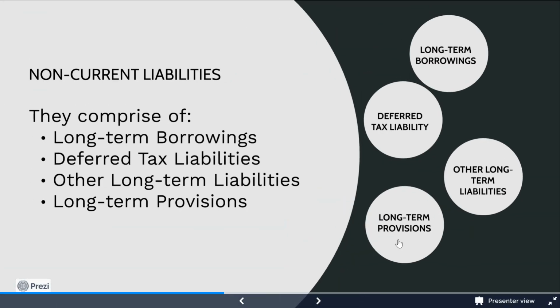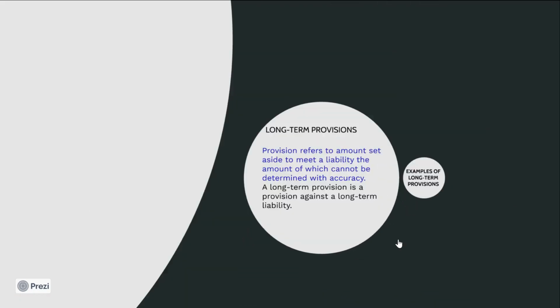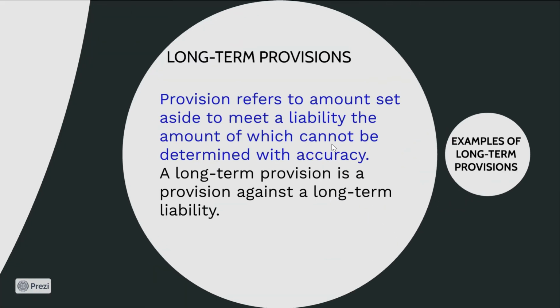Let's move on to long-term provisions. Let's understand what a provision is in the first place. A provision refers to an amount which is set aside to meet a liability, the amount of which cannot be determined with accuracy. A long-term provision is a provision which is set aside to meet a long-term liability.